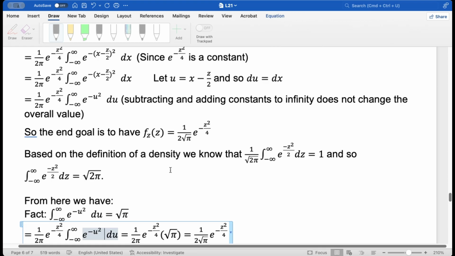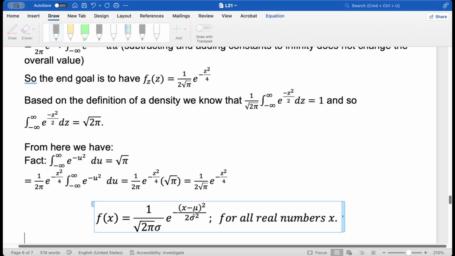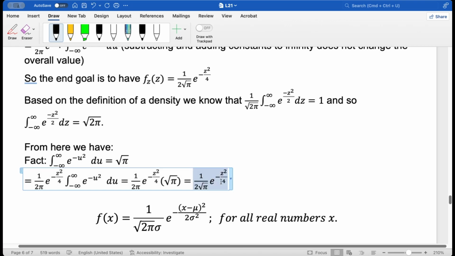And so then substituting that in and reducing down, we finally arrive at the result, which is that the density for the sum is 1 over 2 root pi e to the minus z squared over 4. Now, matching that up with the general normal distribution density, we can get the standard deviation from either denominator.